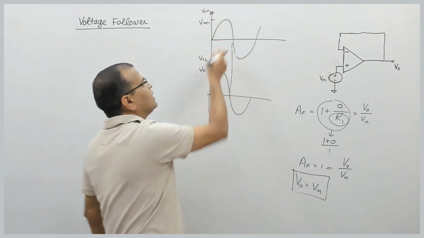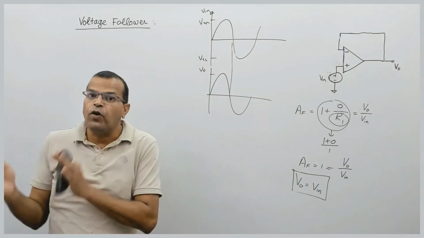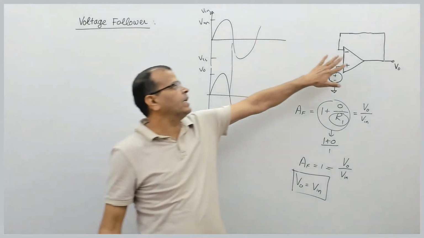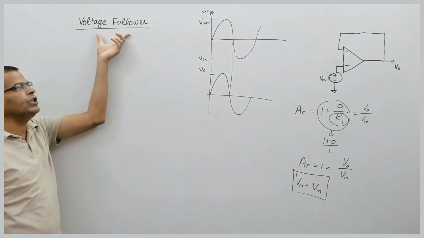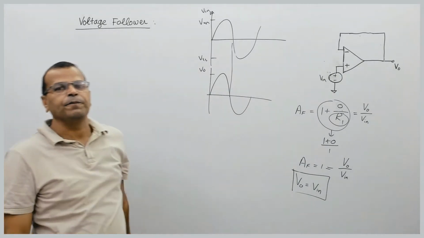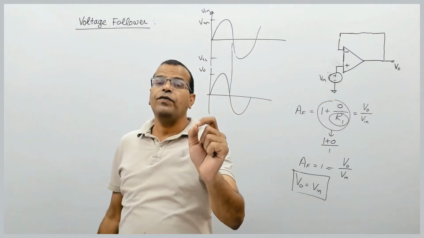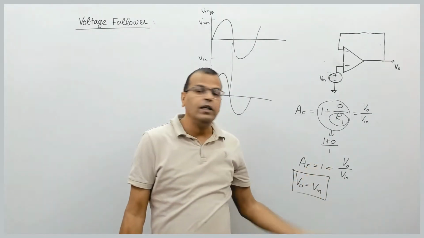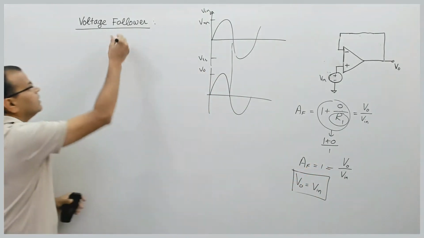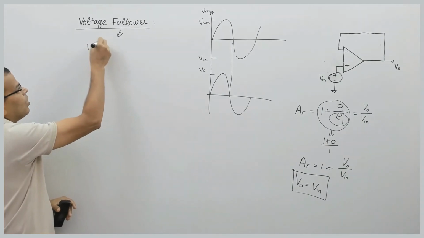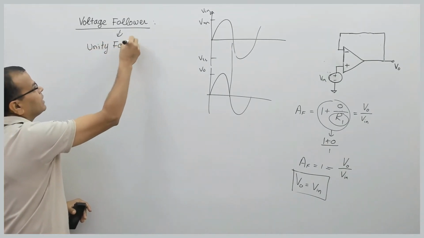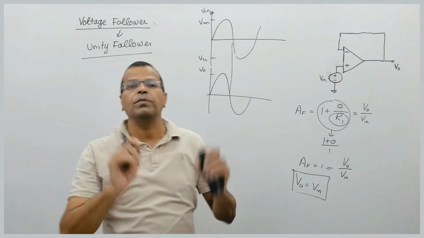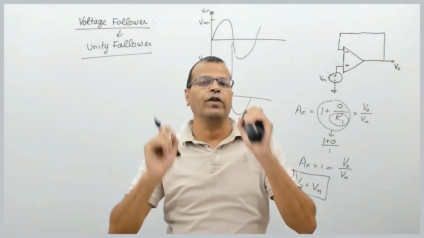So the output is following the input, because of which this circuit is known as the voltage follower circuit. The gain of the voltage follower is unity, so this circuit is sometimes called a unity follower as well.